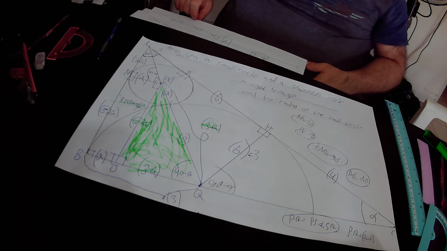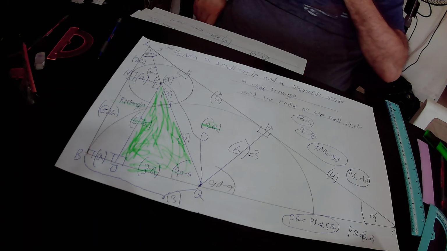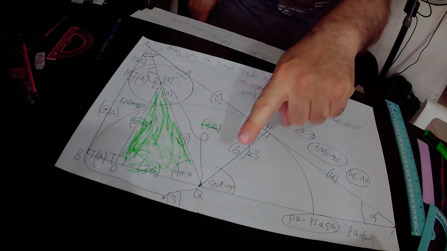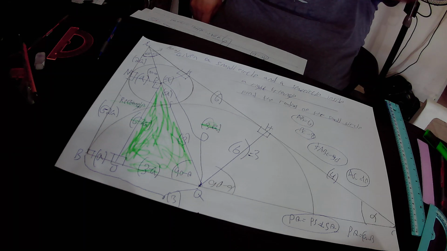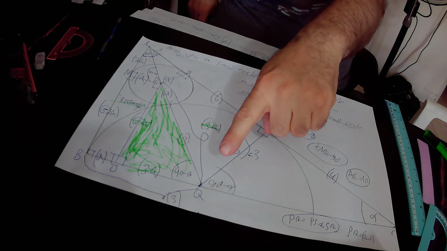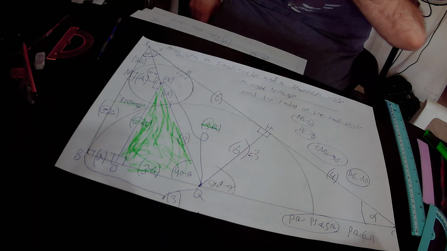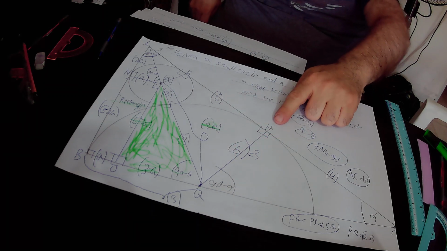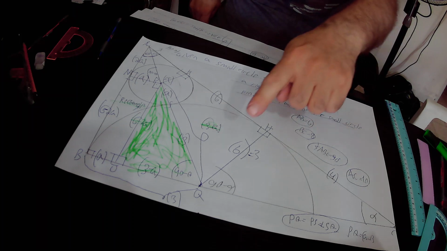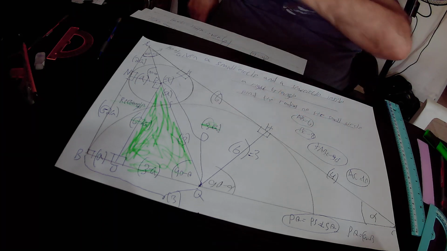In the next step, we join points Q and H together by a straight line. Point Q is the center of this semicircle, point H is the point on the semicircle itself, therefore QH is the radius of this semicircle.